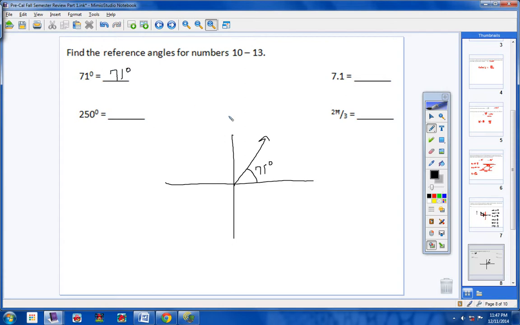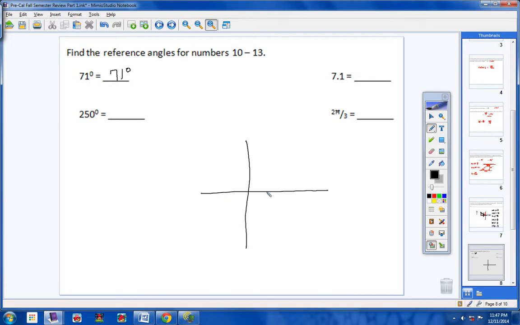Now let's talk about 250 degrees, okay? I'm going to travel 90, 180, plus 70 more is going to be 250. Now, what is the reference angle? Well, guys, I just said, find the terminal side.